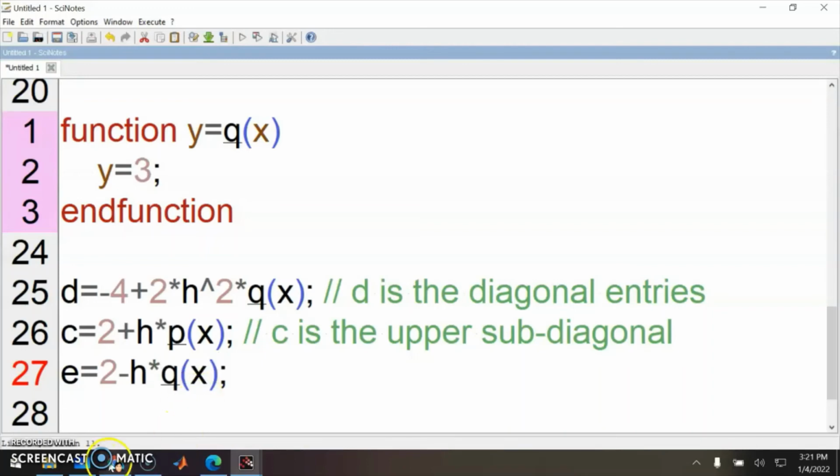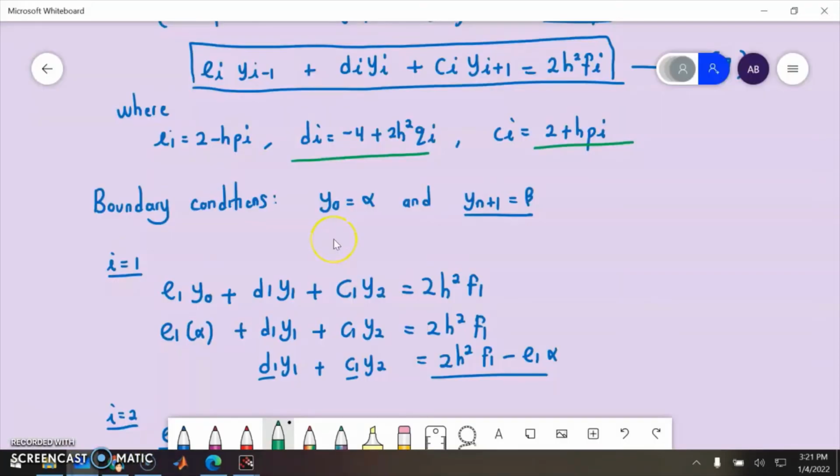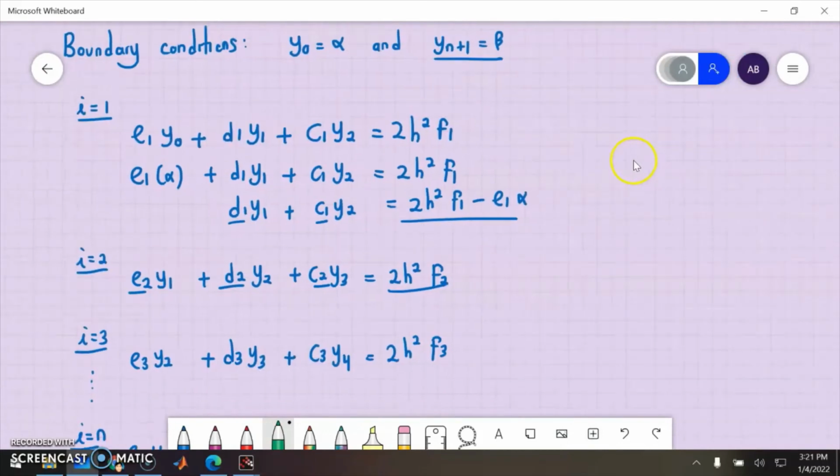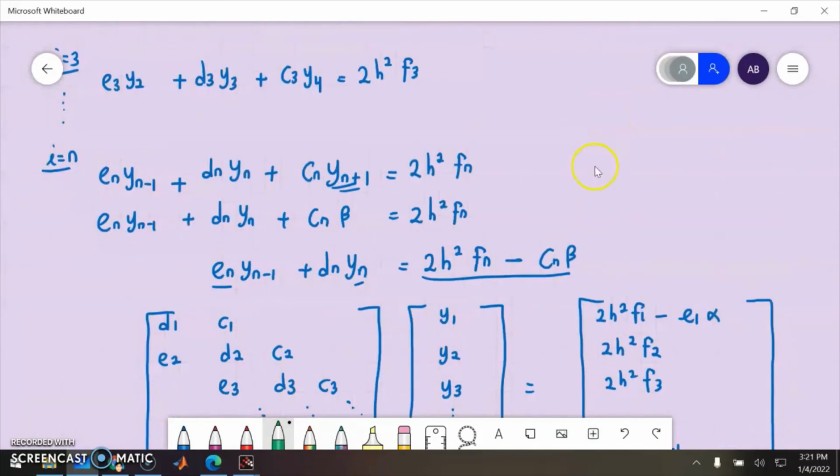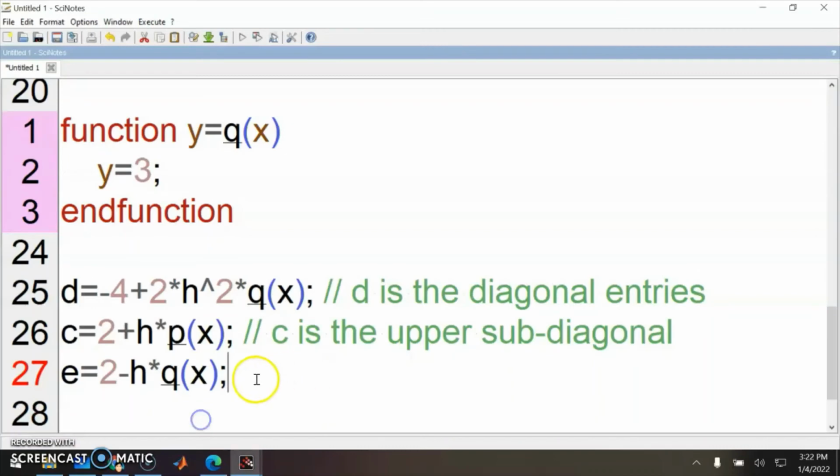I have my lower subdiagonal, this is my E here. Is it correct? I want to make sure I'm doing this correctly. So C is my upper subdiagonal and E is my lower subdiagonal. Just write it: E is the lower subdiagonal.